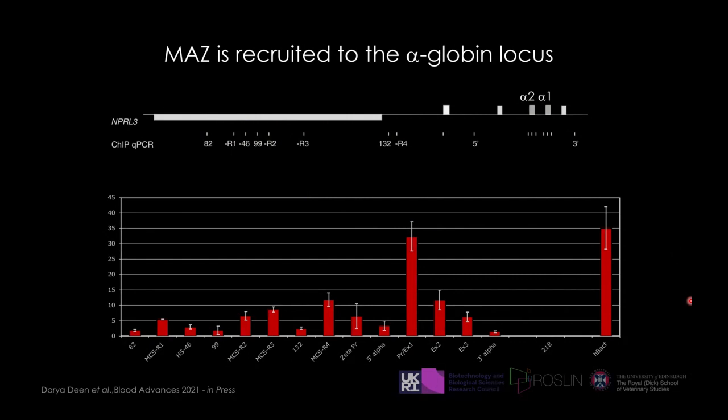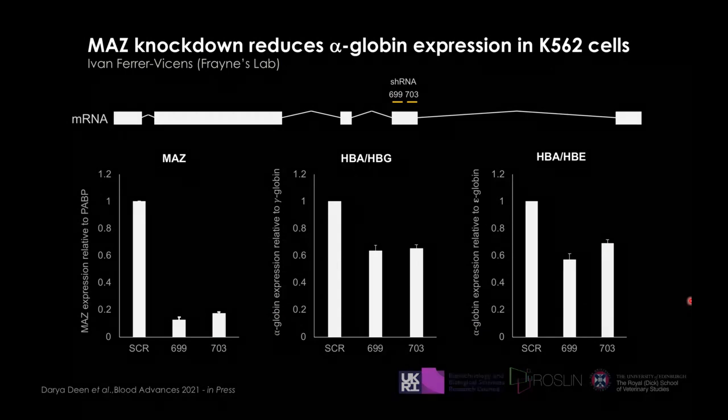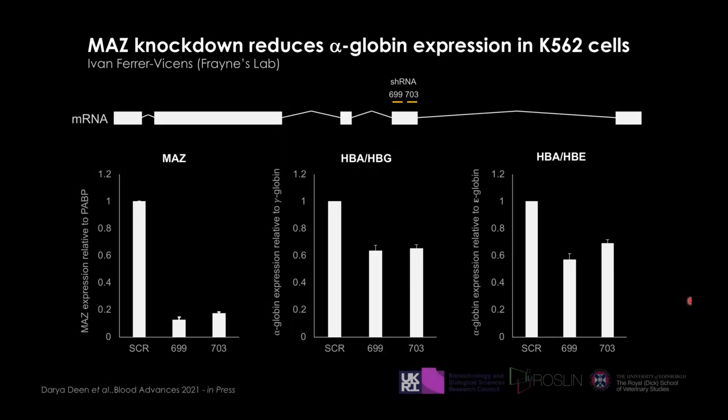So then we did more functional assays, the first one to look if MAZ downregulation would affect alpha-globin expression. So we've been using, again, K562 cells that express mostly alpha-globin and not the embryonic globins. And here we've been using 2 shRNAs covering this particular exon that is common to all the different MAZ variants.